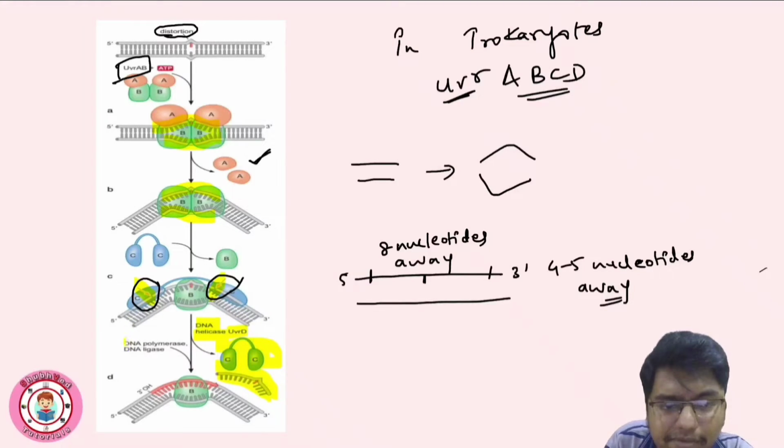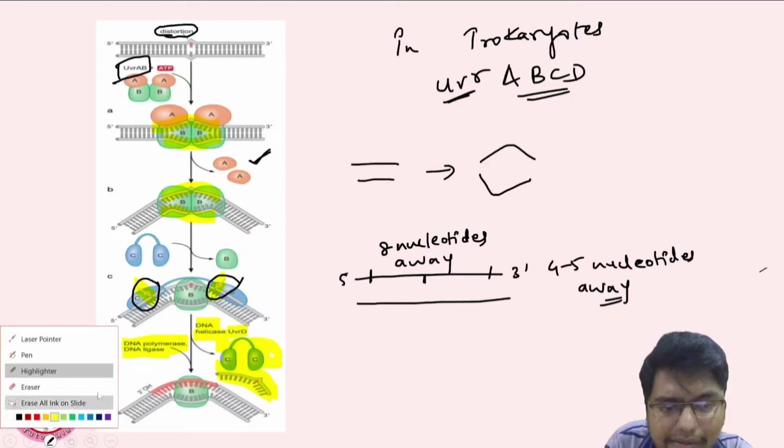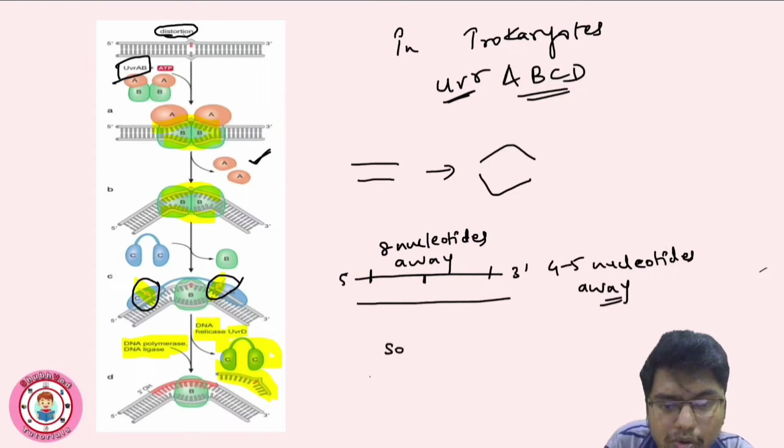The gap will be filled by DNA polymerase and ligase. DNA polymerase is basically the repair enzyme, DNA polymerase 1 in prokaryotes. A 12 to 13 nucleotide strand is removed.